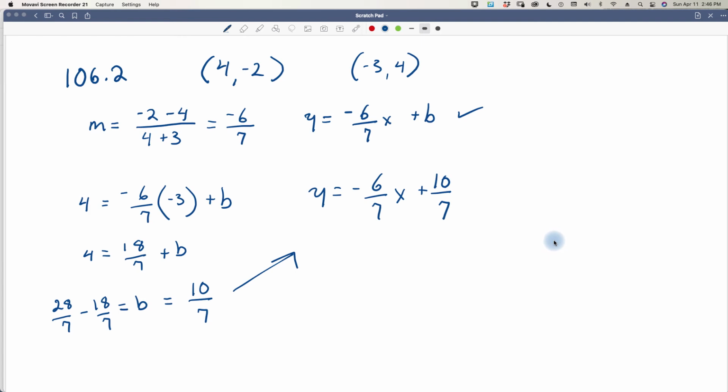And voila, through the magic of video, we now see that y equals -6 over 7x plus 10 over 7. And that is our slope-intercept format. And we can now graph the line really easily. We can also calculate future points based on this.